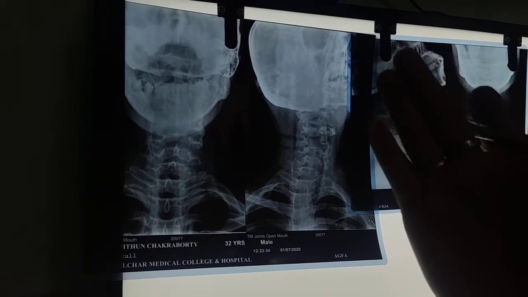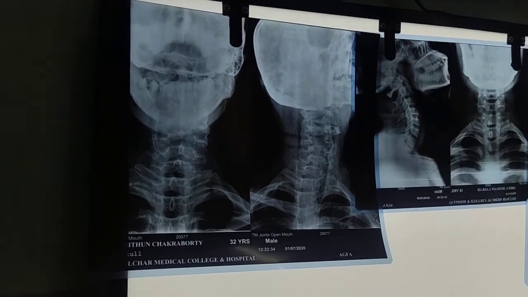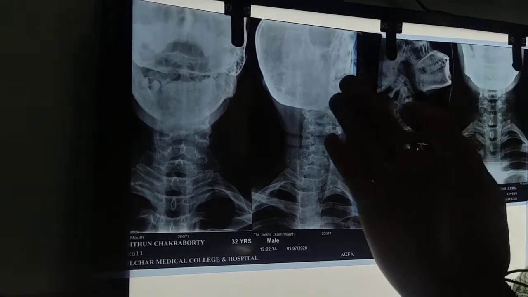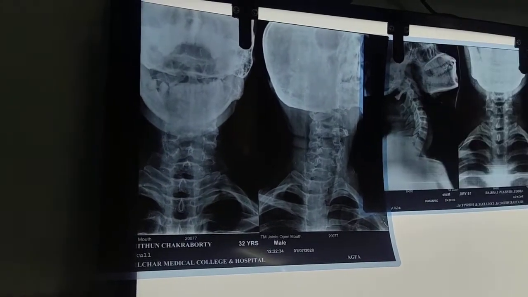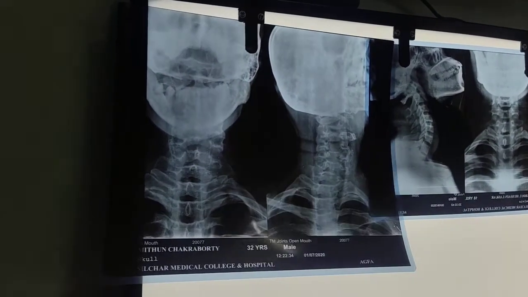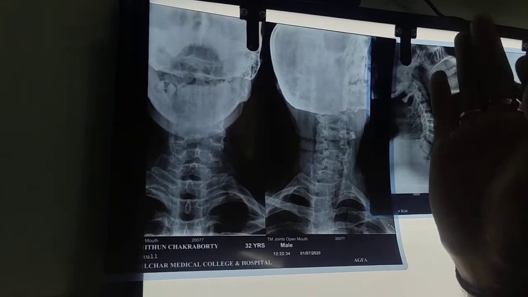If the lateral border of C1 and the lateral border of C2 are in the same line, it indicates the displacement is less. But if it is more than 7 to 8 millimeters, it indicates gross displacement of the fragment. This part is clear.